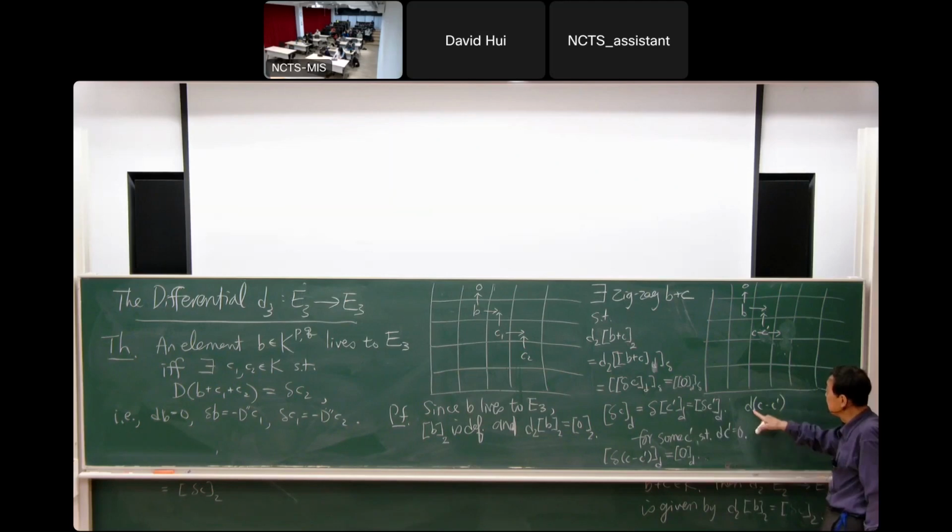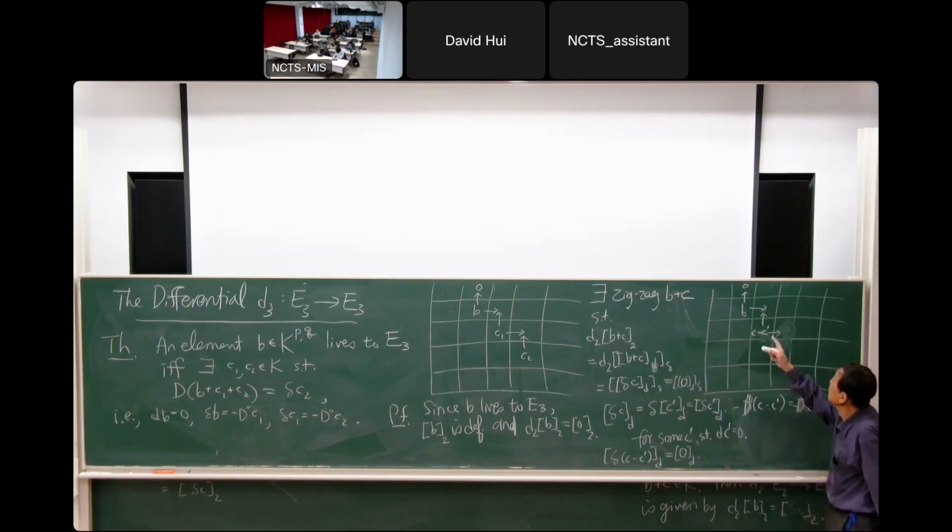And therefore, when you take D of C minus C prime, you get D of C, and D of C is delta B. Okay, let's do D double prime of C. And you put a minus sign there, and that is delta B.